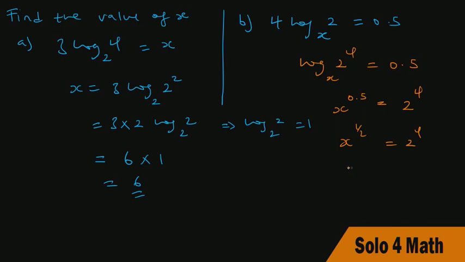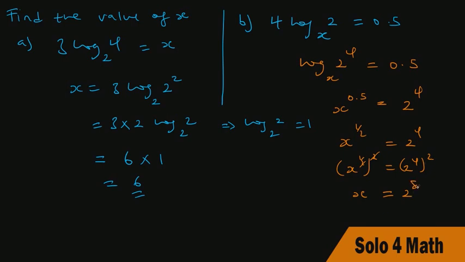We could just square both sides. This will give us x, because the squaring cancels the half, so we remain with x equals 2 to the power 8, because when you have a power outside, it's the same as multiplying with this power.